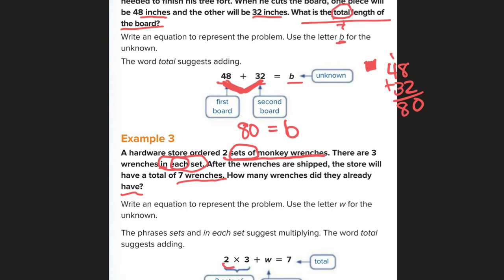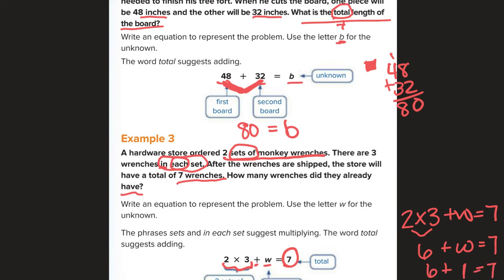So I need to multiply 2 times 3, add my unknown. We don't know how many wrenches they already have. And once they add the wrenches that were shipped, they have 7. Right? So if I was going to solve this one, 2 times 3 plus W is equal to 7. I'd solve 2 times 3 is 6 plus W is equal to 7. Right? So what does 6 plus what equal 7? We know W is equal to 1. 7 equals 7. That checks out. So W is equal to 1.